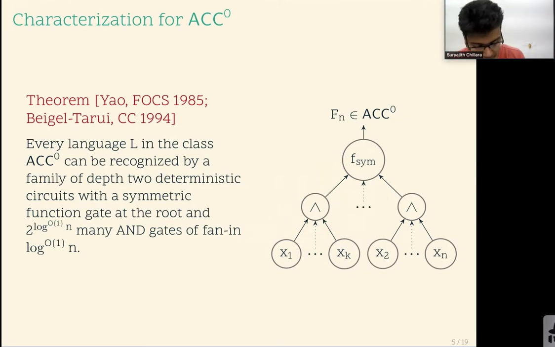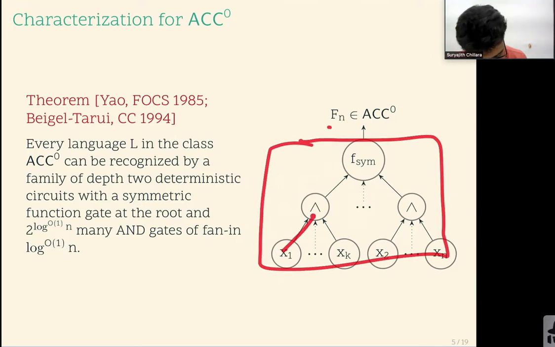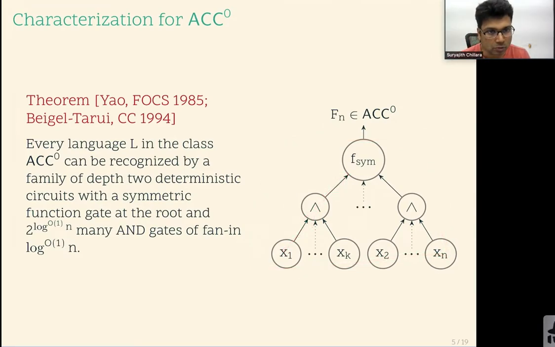So we have a deterministic circuit of depth 2, where the leaf to root path is of length 2.